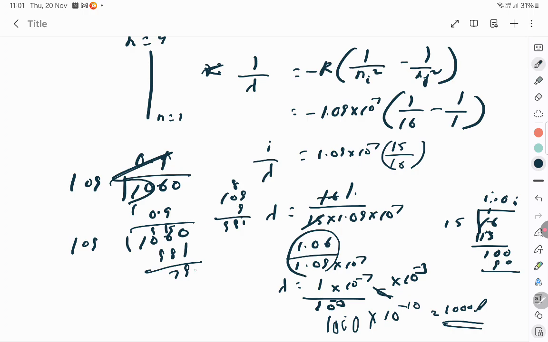And if you want more, I can put one more 0 and say 109 into 7s: 7 9s are 63, 763. 0.96. So this answer is 0.96 into 10 to the power minus 7. So you'll be closer. We in fact are getting a more perfect answer than them. Correct. So that's what it is.